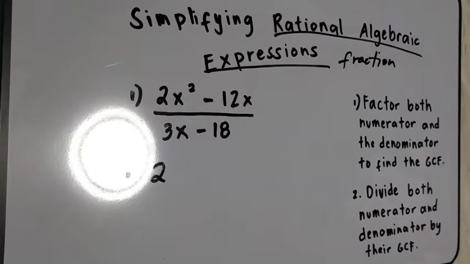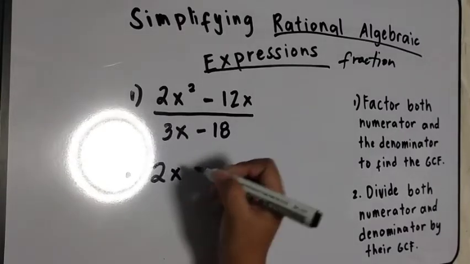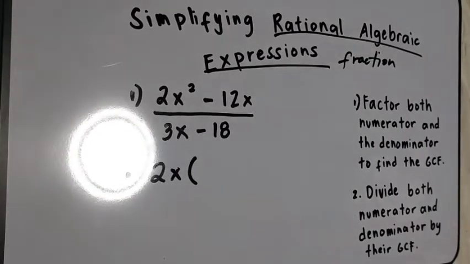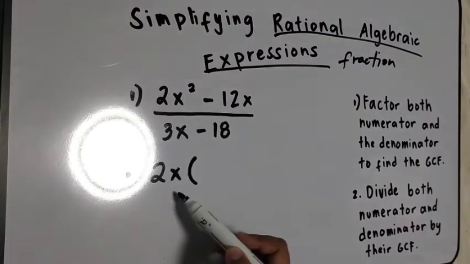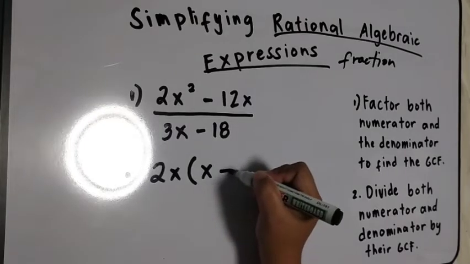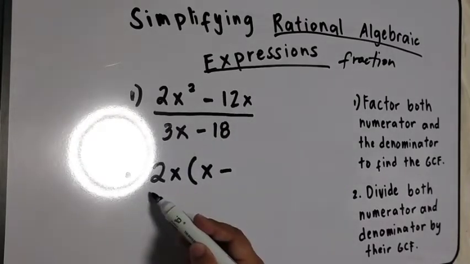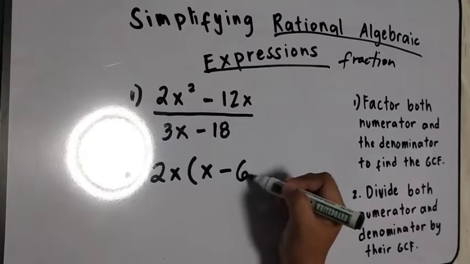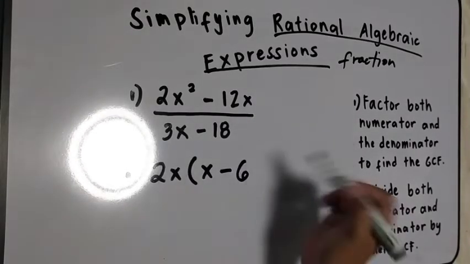So, common yung x. Ano yung pinakamababang exponent? Si 1. So, factor out 2x. Pag na-factor out na si 2x, divide. So, 2x squared divided by 2x, ang matitira na lang ay si x. So, you have x minus, 12 divided by 2, that is 6. x divided by x, that is 1. So, cancel na.